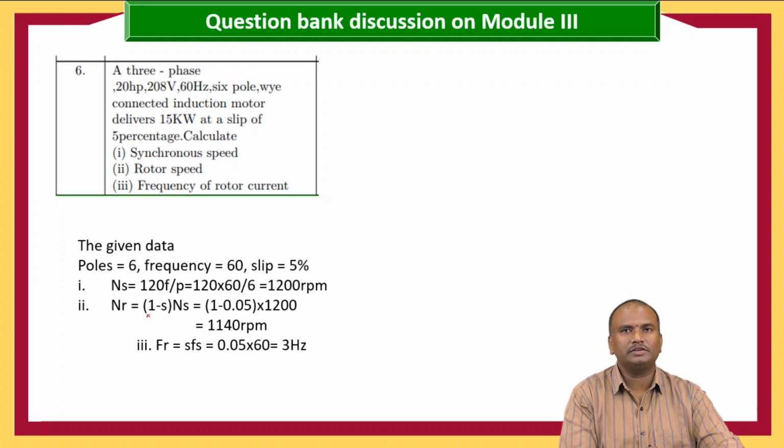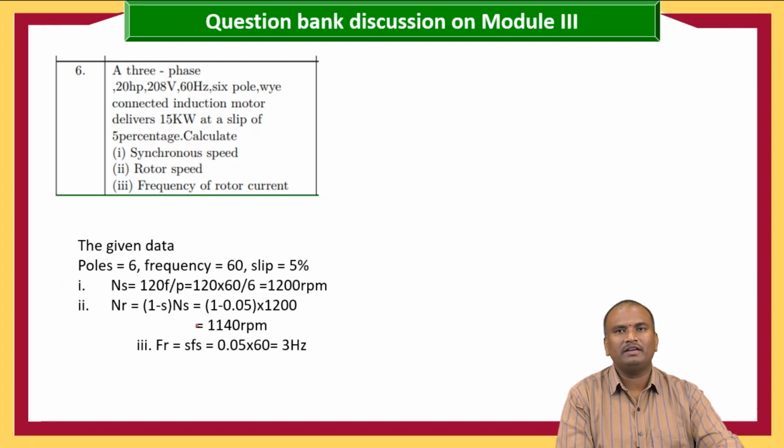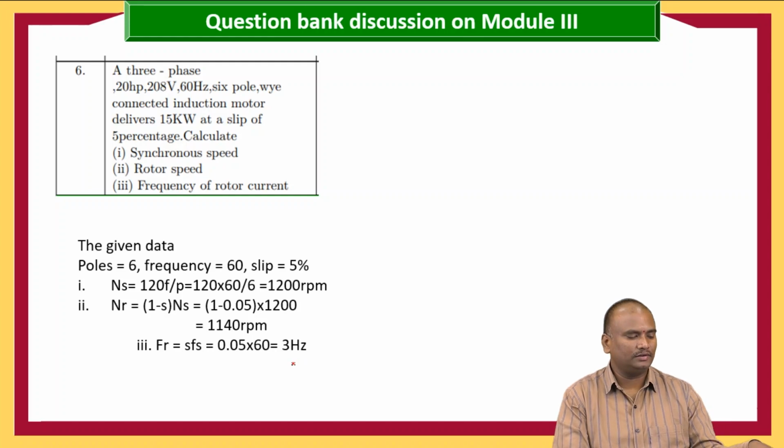Nr is equal to 1 minus S into Ns, which is equal to 1 minus 0.05 into 1200, which is equal to 1140 RPM. Now Fr is equal to S into Fs, which is equal to 0.05 into 60, which is equal to 3 Hz.